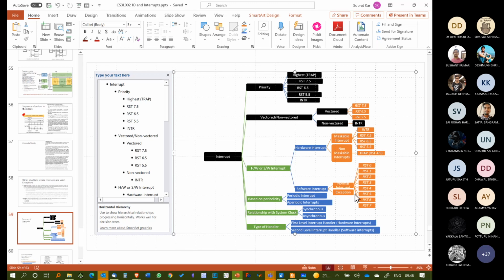And it should actually use one of these RSTs, because if it is interrupting you every 64 clock cycles, it should have a very short and sweet interrupt handler. You can't have a 3-byte interrupt handler, right? In some classifications, we call these black ones first level interrupt handlers, and we call the remaining second level interrupt handlers, because second level interrupt handlers are normally called from inside a software program.